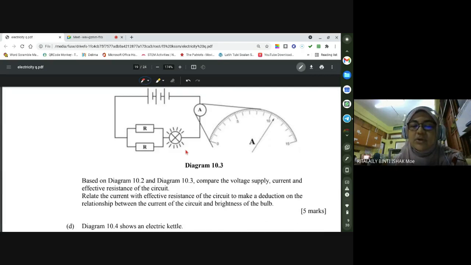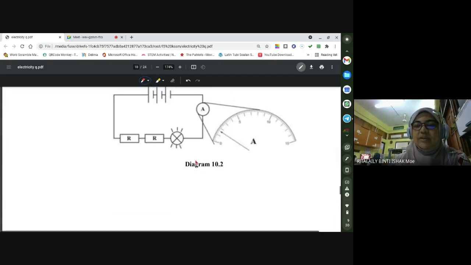Okay, so the next one, as for the current, 10.3 is bigger compared to 10.2.